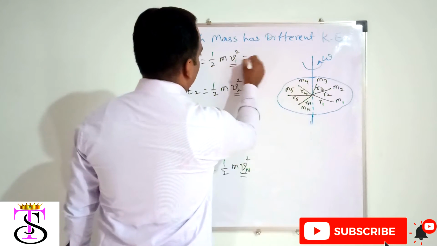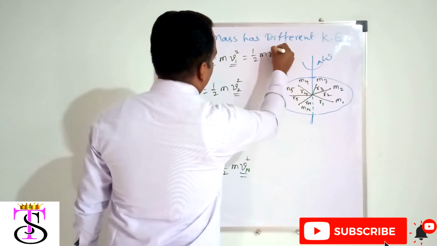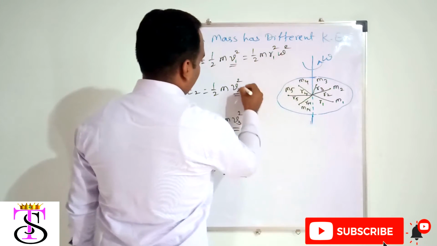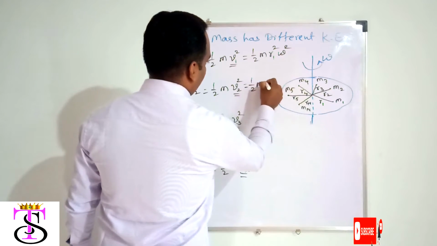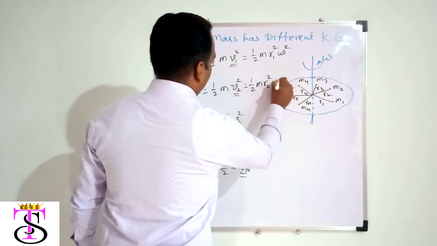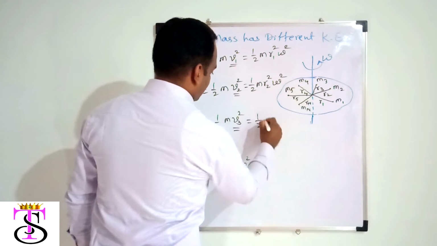So replacing those values, we can write 1/2 m r1 square omega square, which is equal to 1/2 m r2 square omega square, which is equal to 1/2 m.